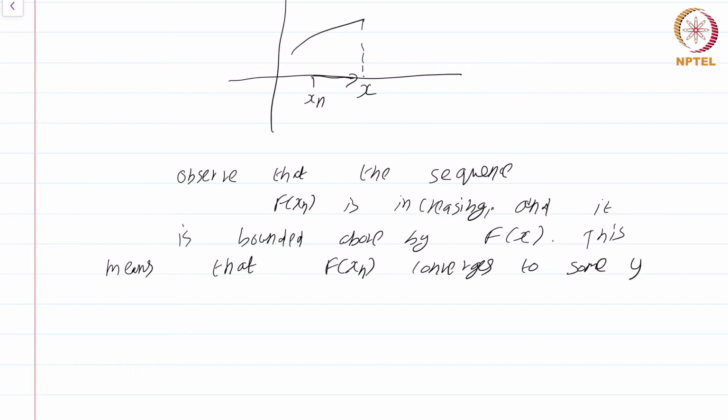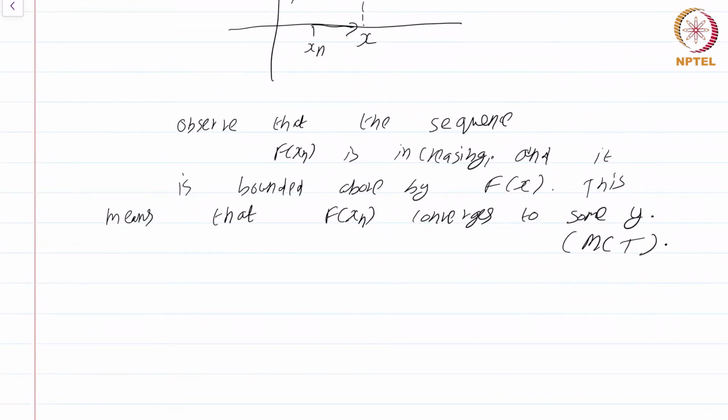Why? This is the monotone convergence theorem. If you have an increasing sequence that is bounded above, then it is convergent. Now this y need not be equal to f of x. There is no reason on earth why this y should be equal to f of x. I'm not going to claim that at all. All I know is that f of x_n converges to y.